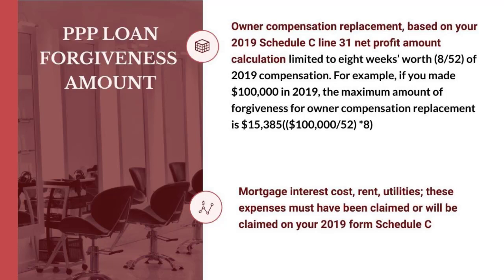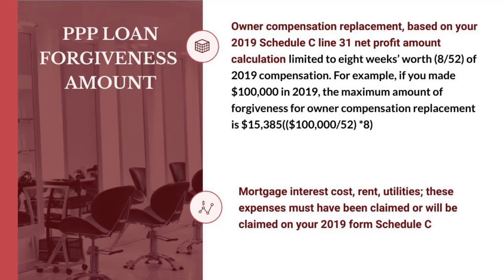Now, let's assume that you do make $100,000. That means that you received $20,833 for your loan amount. Out of that loan amount, $15,385 is going to be forgiven for compensation purposes, which means you're left with an additional $5,448.33.